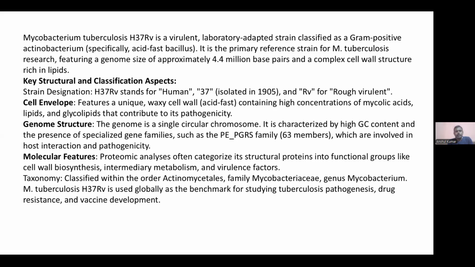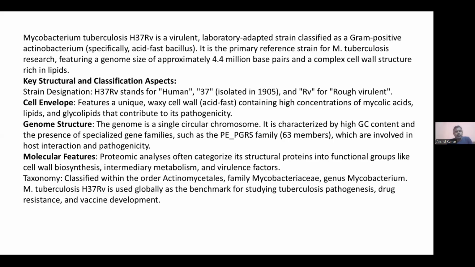Cell envelope: it features a unique waxy cell wall, acid-fast, containing high concentrations of mycolic acids, lipids, and glycolipids that contribute to its pathogenicity. Genome structure: the genome is a single circular chromosome. It is characterized by high GC content and the presence of specialized gene families such as the PGRS family, 63 members, which are involved in host interaction and pathogenicity.